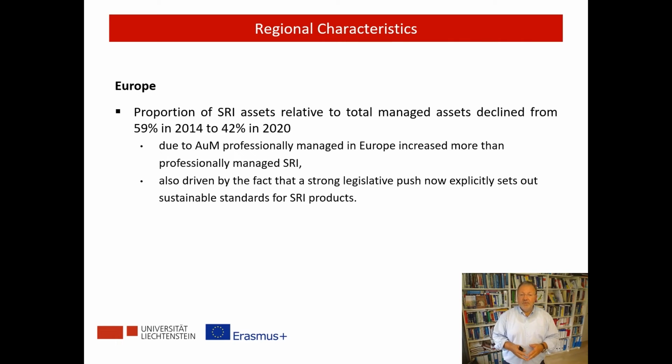That is due to the fact that professionally managed assets under management in Europe increased more than professionally managed socially responsible investments. This is also driven by a strong relative push that now explicitly sets out sustainable standards for socially responsible investments.